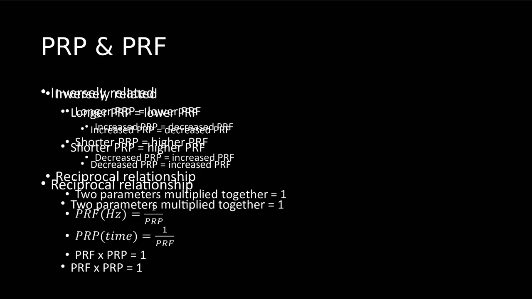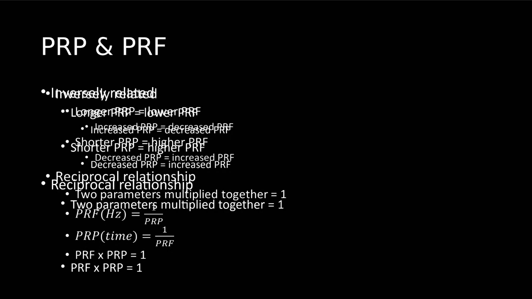So when we have a longer PRP, this means it takes a longer amount of time, we are going to have a lower PRF. This means that in a longer period of time, we can't send in as many pulses in that 1 second time frame. So we're going to have a lower PRF because the PRP is too long.